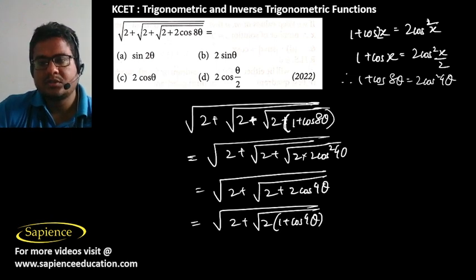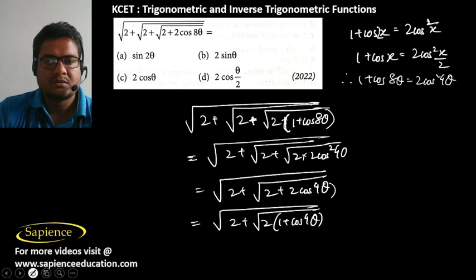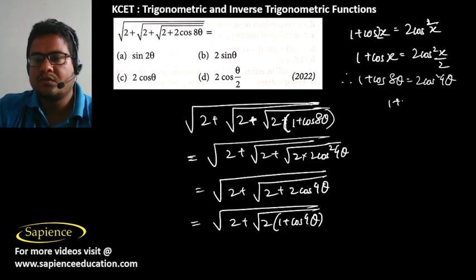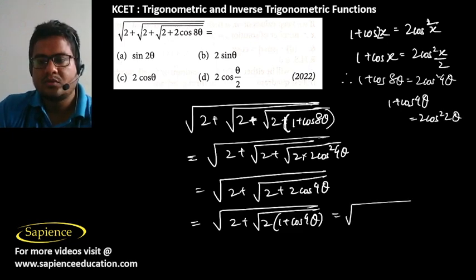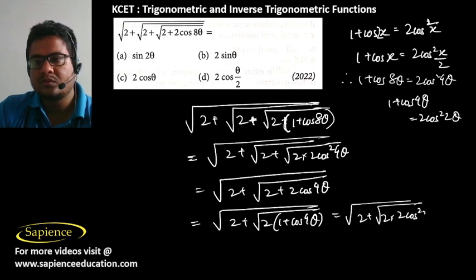So now again 1 plus cos 4 theta can be written as 2 cos square 2 theta. So this will be root over 2 plus root over 2 into 2 cos square 2 theta.